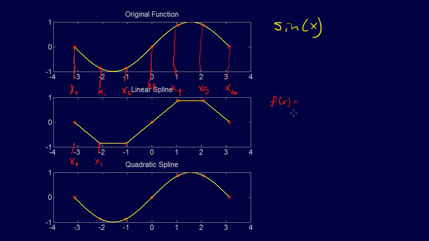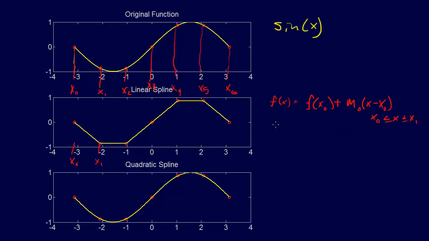We can write f of x equals f of x naught plus m naught times x minus x naught, where m is a slope variable, and that's good for x naught to x1.